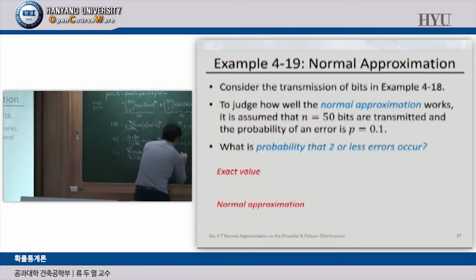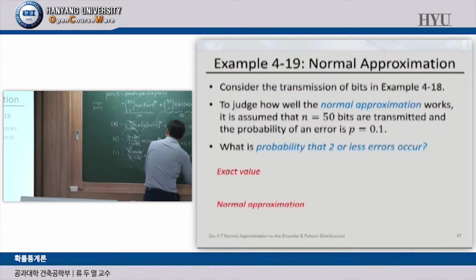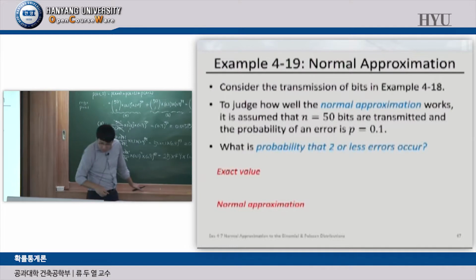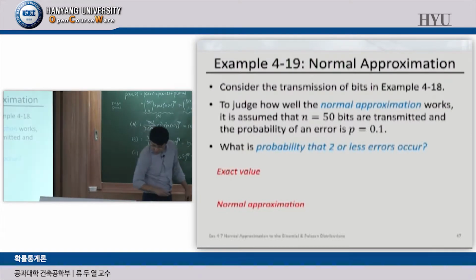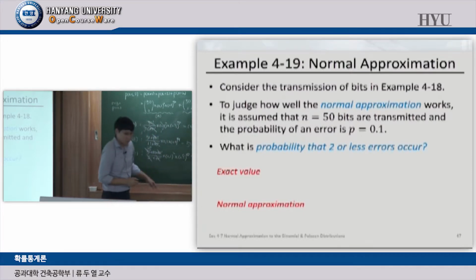So 25 times 49 times 0.1 squared times 0.9 to the 48th power, that is equal to 0.077943.